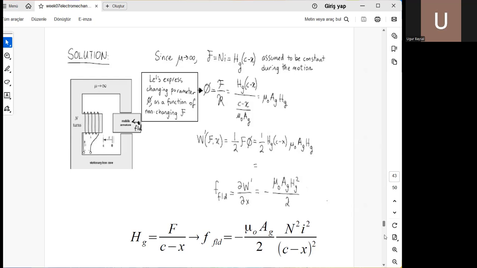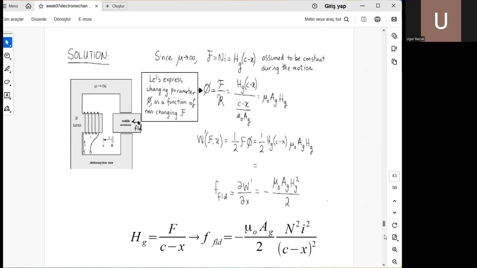C is the maximum length, as you know, and the magnetic flux is the total MMF over the reluctance of the air gap. The reluctance is just the length over mu0 times the cross-sectional area of the gap, which gives mu0 Ag Hg.